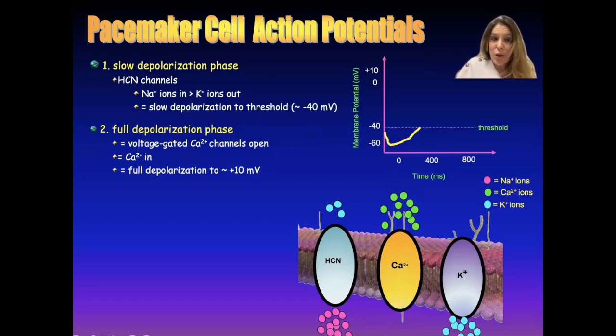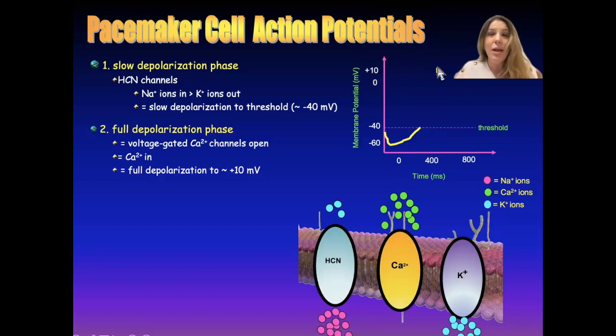So now, calcium is 2+, so it's a positively charged cation, and that is going to bring all these positive charges from the outside to inside the cell really fast. It's going to bring a lot of positive charge in there, and that's going to make the positive charge of this membrane, that voltage, shoot up all the way to +10.